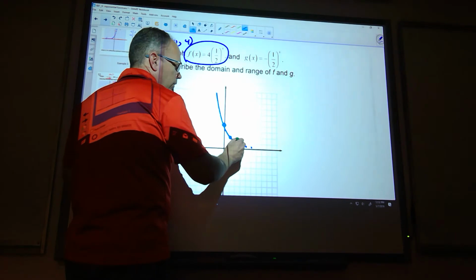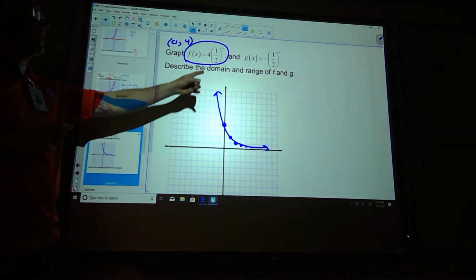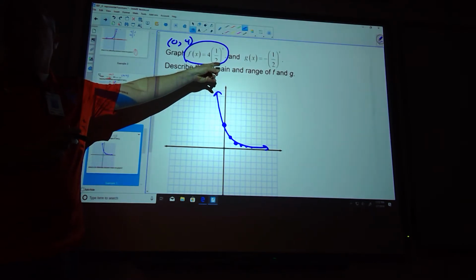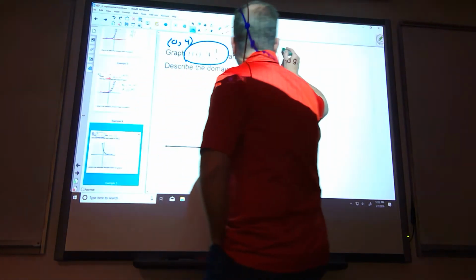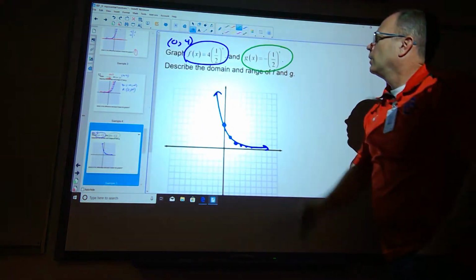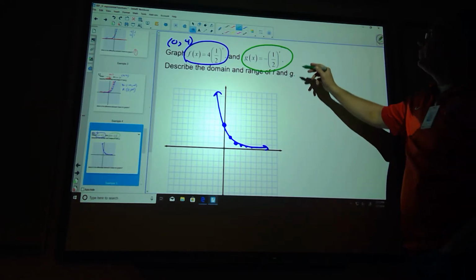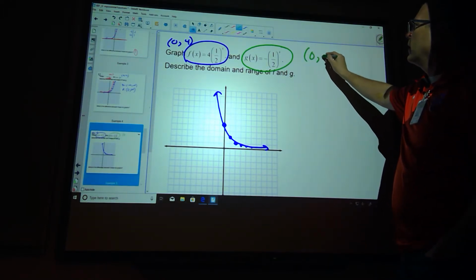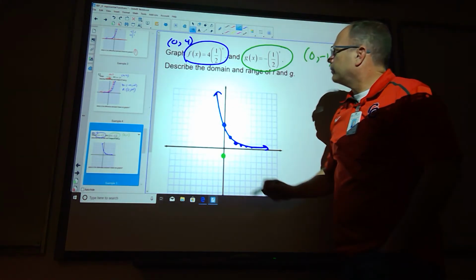This graph's doing this. This is decay. Why is it decay? Because this value here that's being raised to the exponent is between 0 and 1. So we have decay. What about this graph though? What's my first point I plot? A, which is what? -1, so 0, -1. 0, -1 right there.